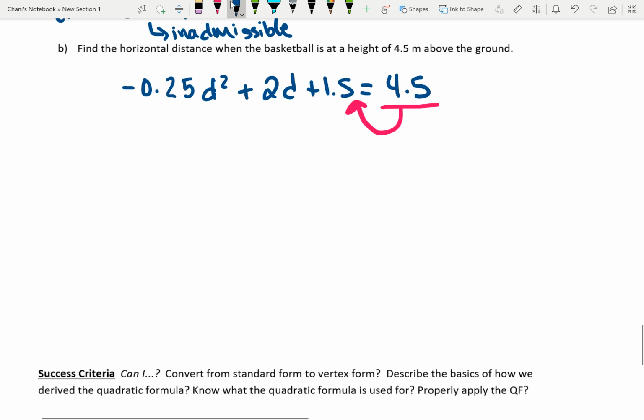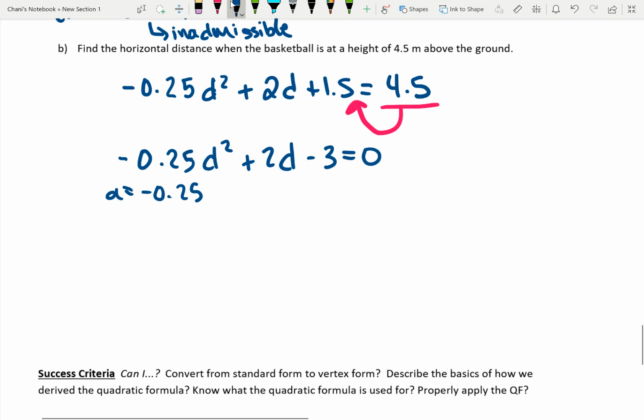We can only use the quadratic formula when we have an equation in standard form equaling 0. So when you subtract 4.5, you get minus 3 equals 0. So now our a value is negative 0.25, our b value is 2, but our c value is negative 3.